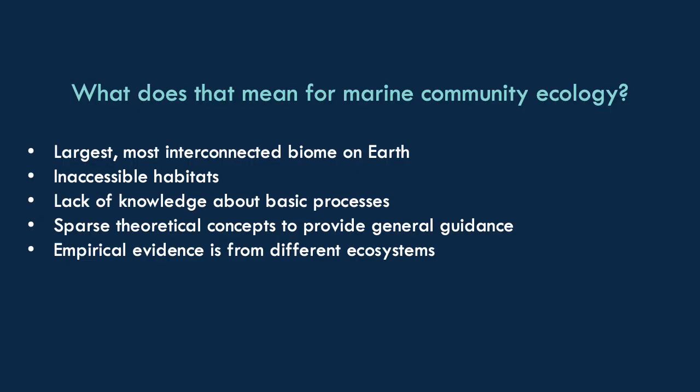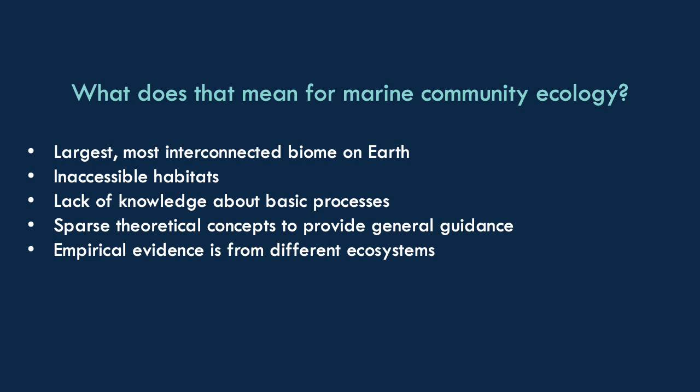So what does that mean overall for marine community ecology? Well, the marine biome is the largest, most interconnected biome on Earth, so there's vast potential for species mixing and dispersal and all sorts of complexities arising from that. It's the most inaccessible habitat we have on Earth.